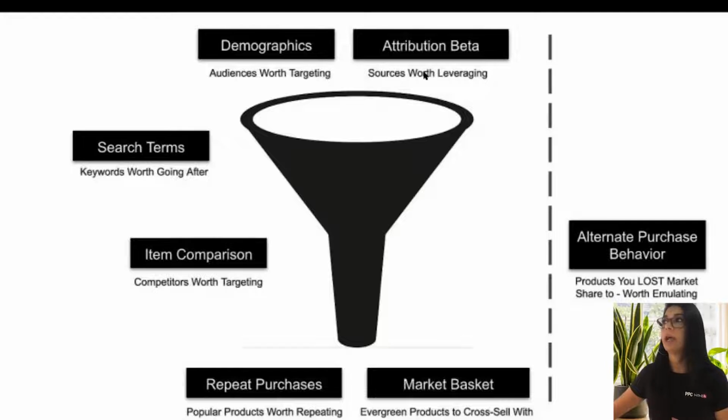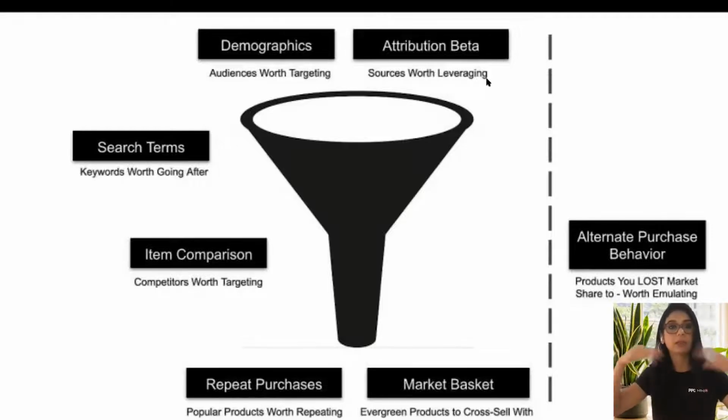Attribution beta, which we didn't cover today, is basically coming from your own attribution tags that you set up outside of Amazon, and that will track and measure how much of that traffic actually converts. So that's also available within the brand analytics data. But this is again telling you what are the sources that are worth leveraging.